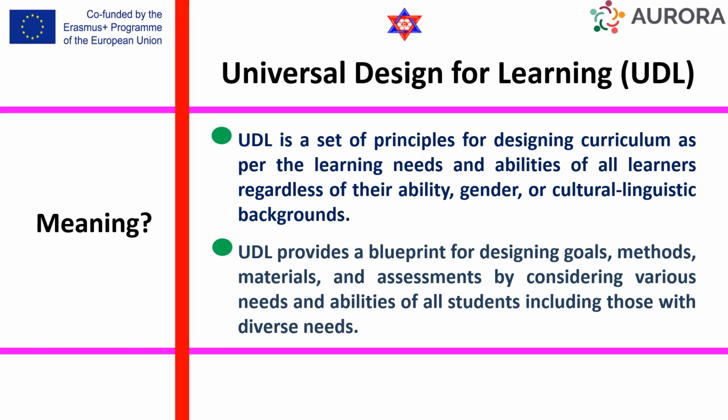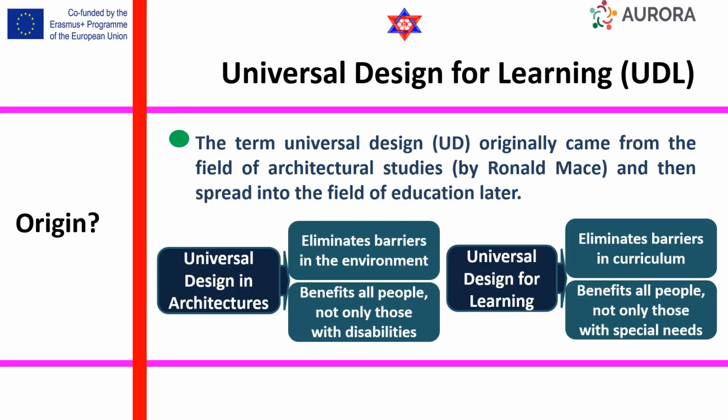It is guided by 7 principles such as equitable use, flexibility, simplicity, tolerance for error, low physical effort, and appropriate size and space. Then let's have a brief discussion about the origin of universal design for learning. The concept of universal design initially emerged in the field of architecture and environmental design.